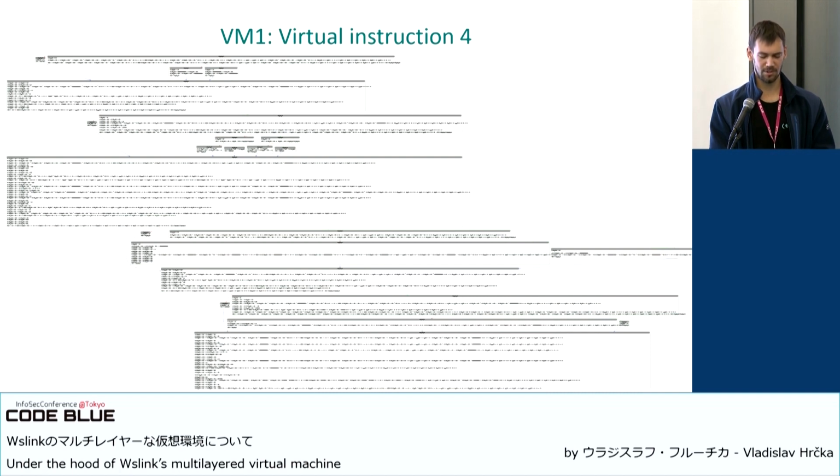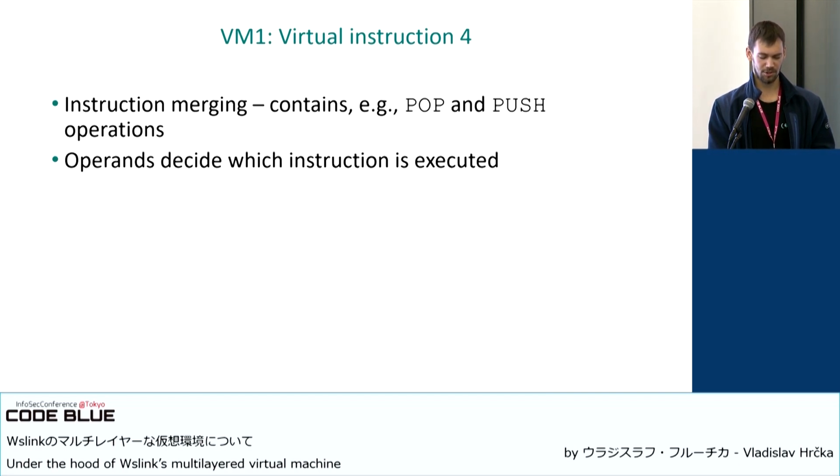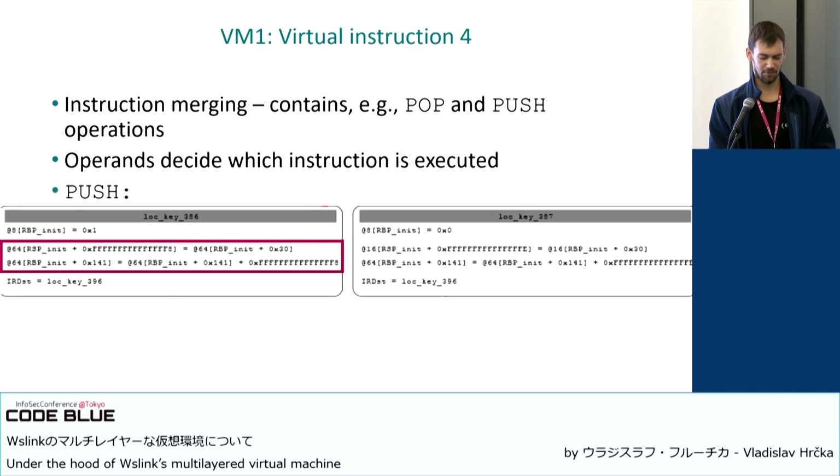And when we inspected the code more closely, we found out what the cause was. The reason is instruction merging. It can perform multiple operations, and the operation that is supposed to be executed is decided based on the operands.